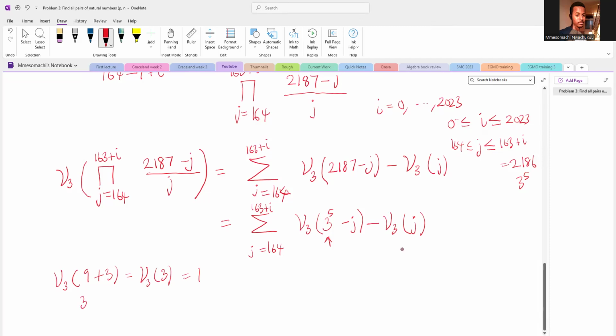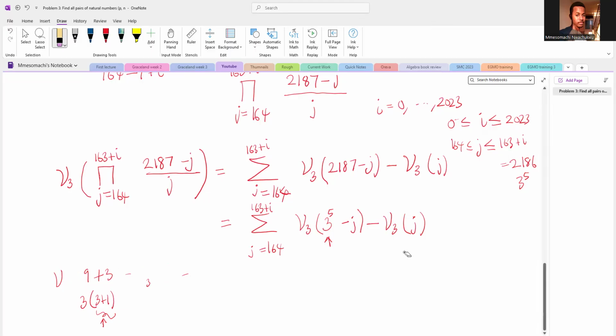This is because you can factor out 3 here, so this is 3 times (3 plus 1). As long as they don't sum up to a power of 3 so as to increase the periodic value, this is not going to be a multiple of 3.